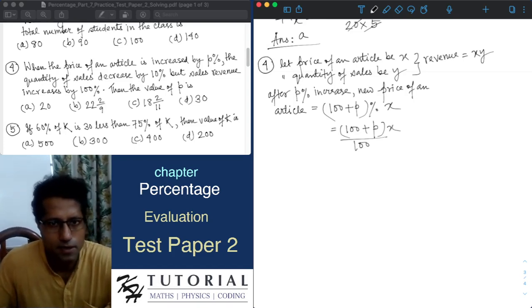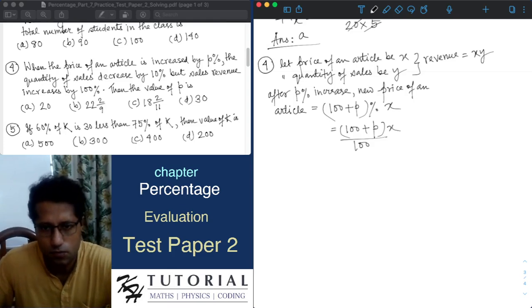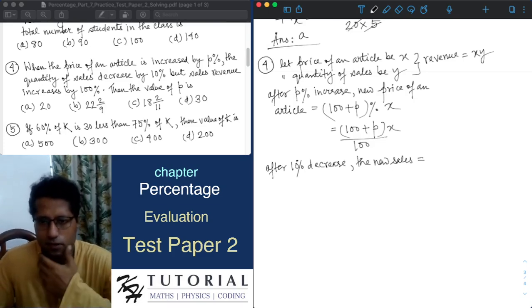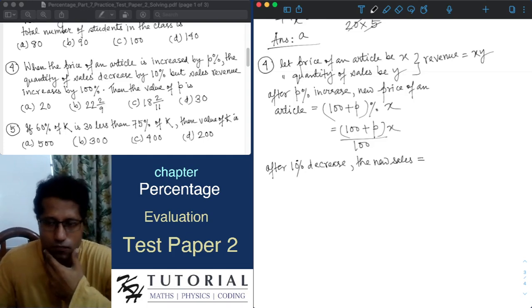Now it says that when the price of the article was increased by P%, the quantity of sales decreased by 10%. So after the 10% decrease, the new sales: a 10% decrease means a 10% decrease on Y, because we have assumed Y to be the initial or previous quantity of sales.